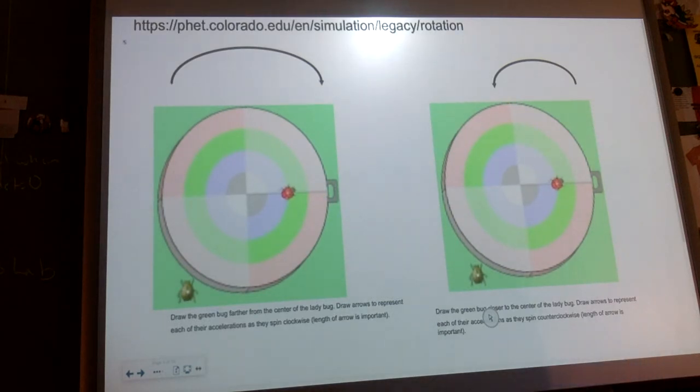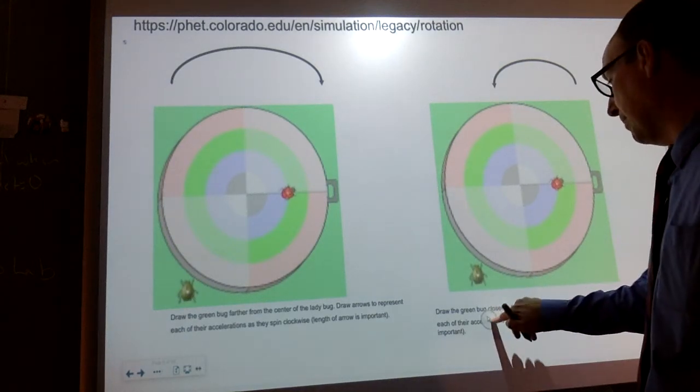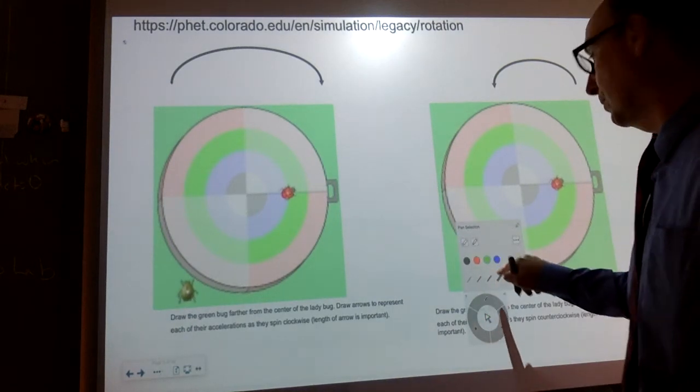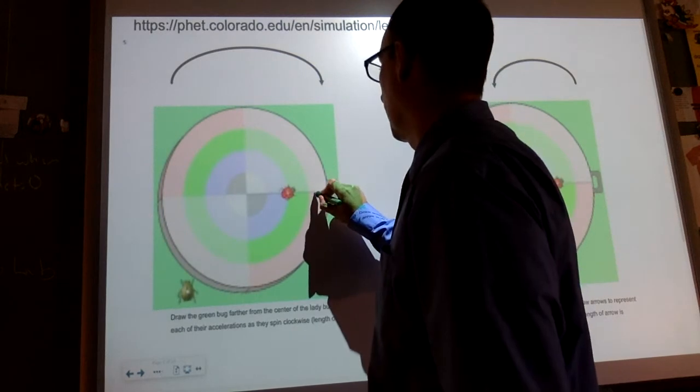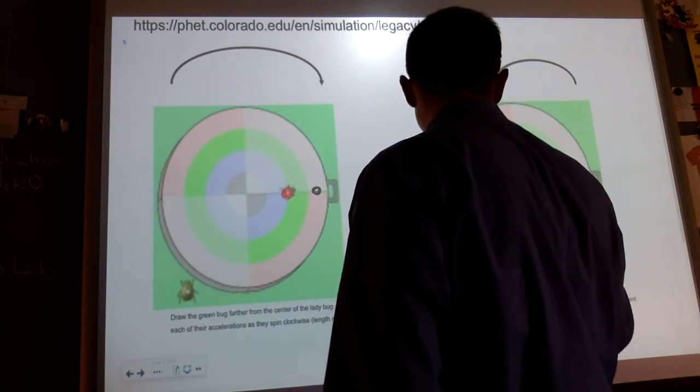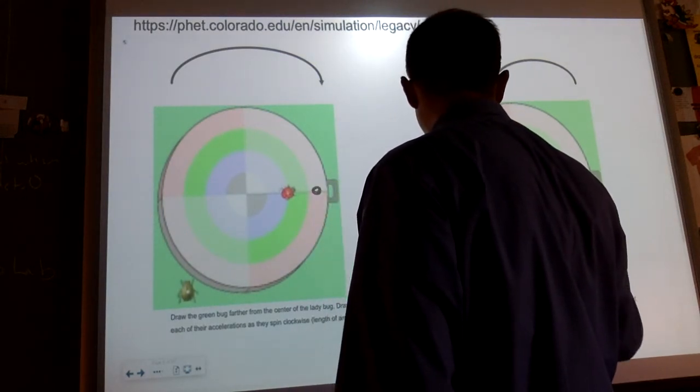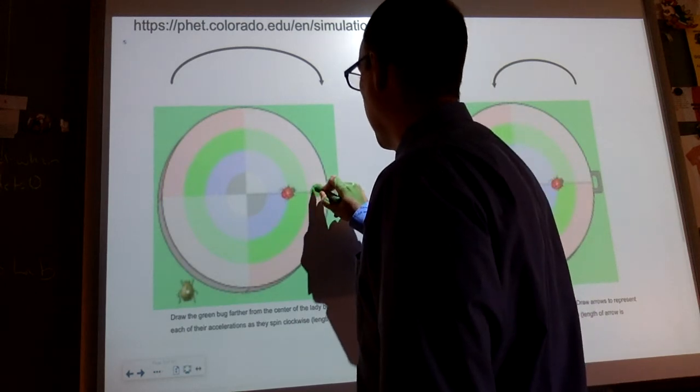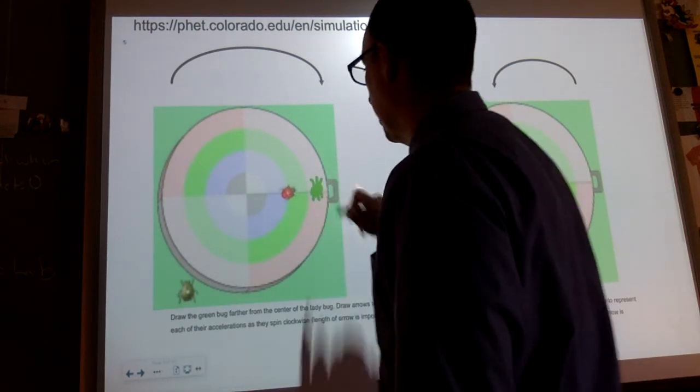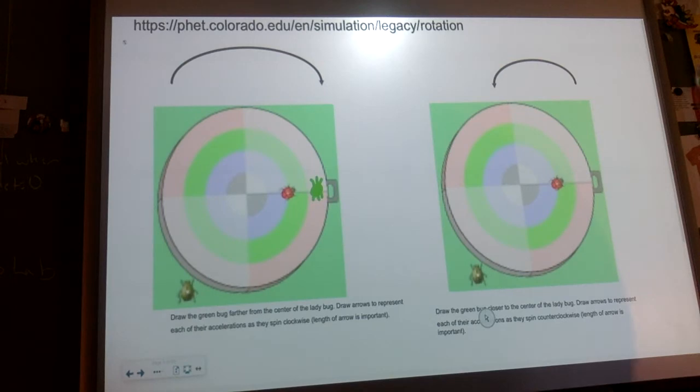All right, how about their accelerations? So now I'm going to put the ladybug further away again, and I want you to draw accelerations for them going clockwise.